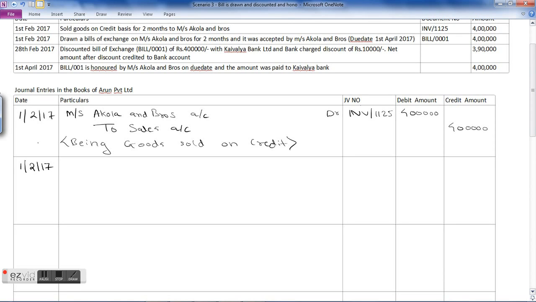Now in case of Arun Private Limited, what will happen is the amount in the Akola and Brothers account, that is debtors, will get reduced, and then the new current asset will be created, that is bills receivable.